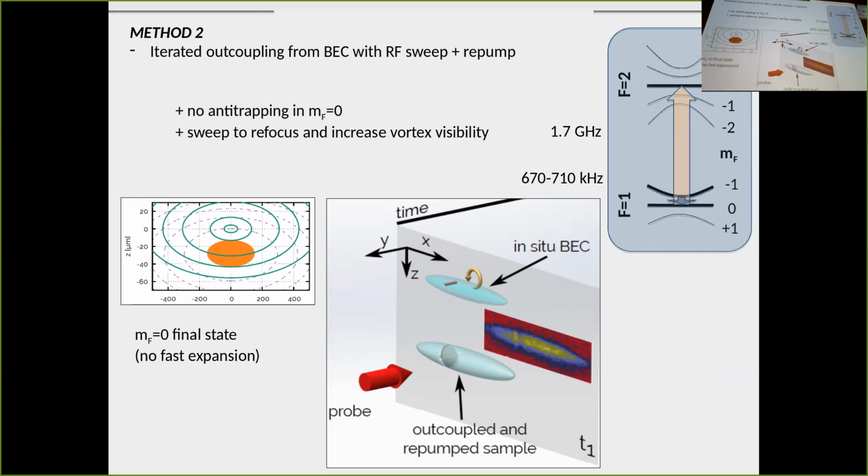So we use this mz equals 0 states. And also this extraction procedure allows for, with this method, there is a direct one-to-one relation between the position of the extracted atoms and the frequency that we apply.